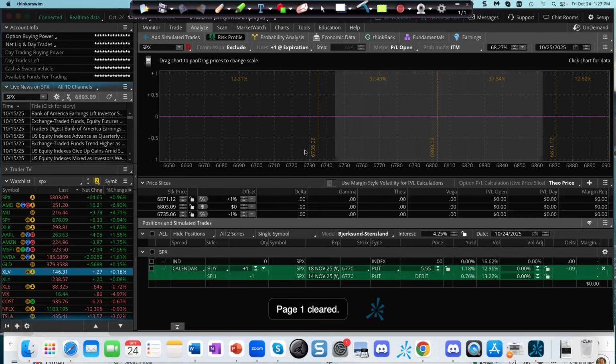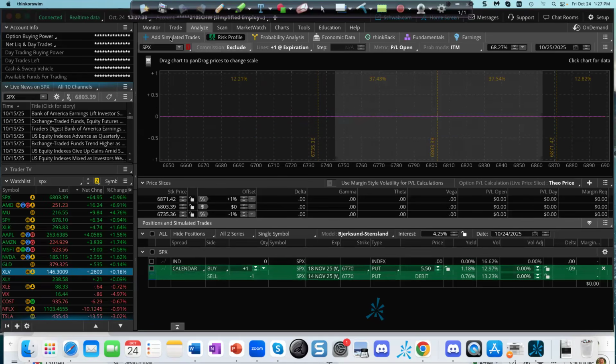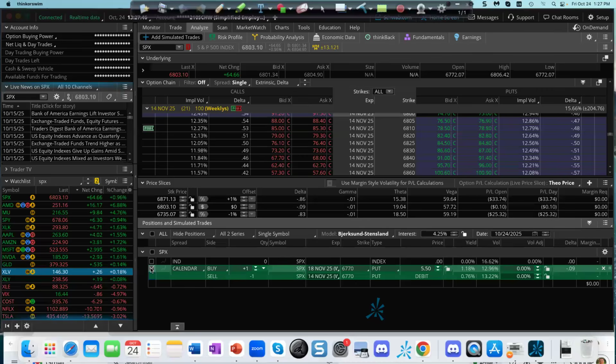So that's calendars. That is something I would put on today. Number two, assuming I get on some long Vega trades: if I do this trade, and let's say we're doing $1,000 trades, if you put $1,000 into a long Vega trade and $1,000 into a short Vega trade, like a put credit spread, you're always going to be long Vega.